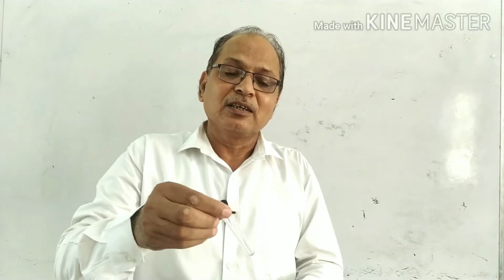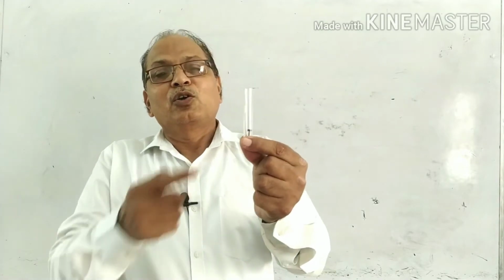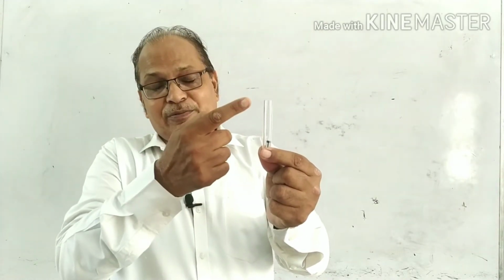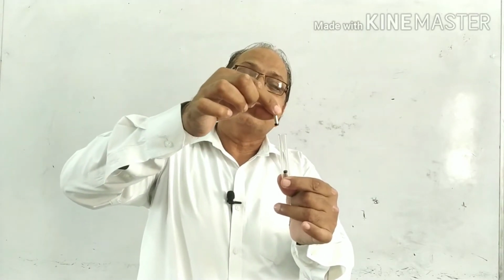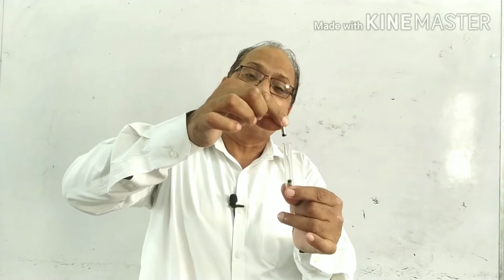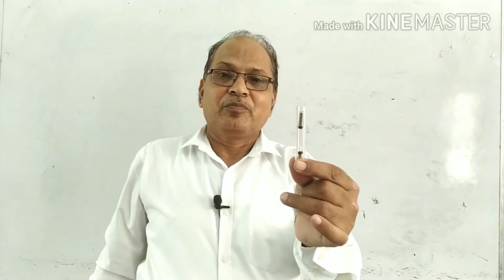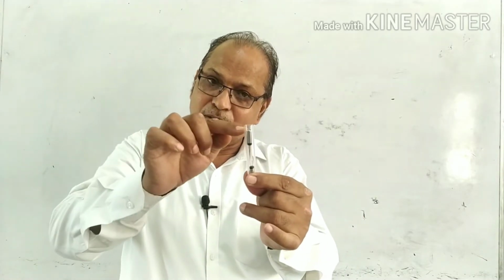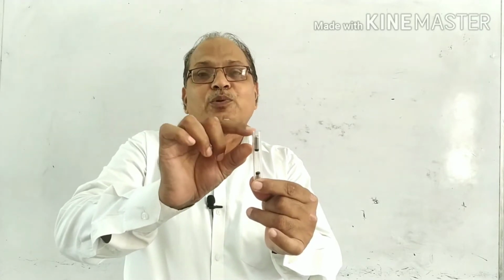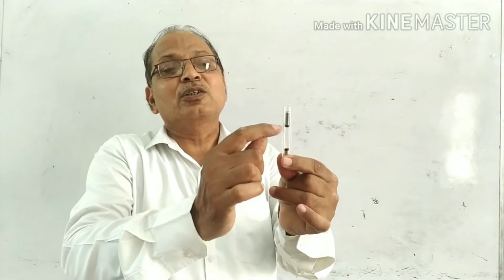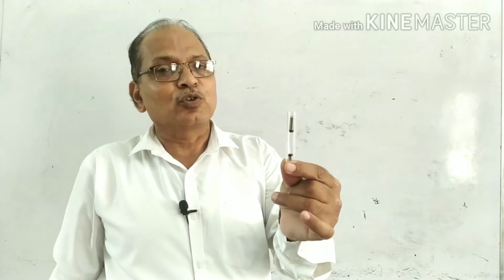Now I place this one magnet in this small test tube with the north pole towards the upward direction, and if I put the other like this, with the north pole towards the downward direction, then see what will happen. Does the upper magnet fall downward? No, it stops. This is the north pole, this is also the north pole. These two same poles are there, so there is a force of repulsion.